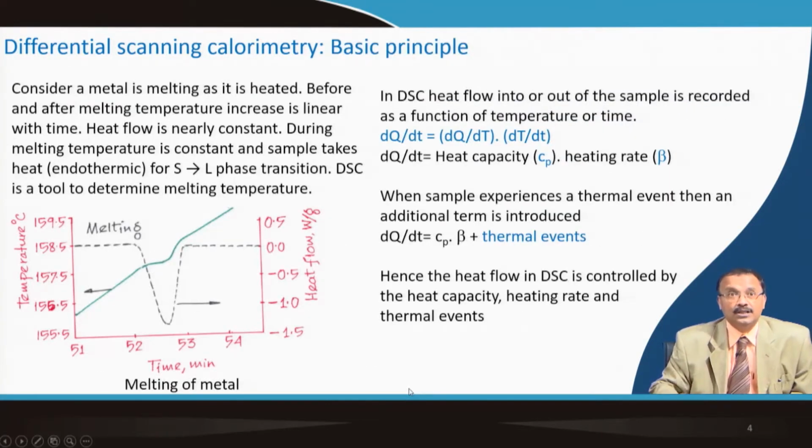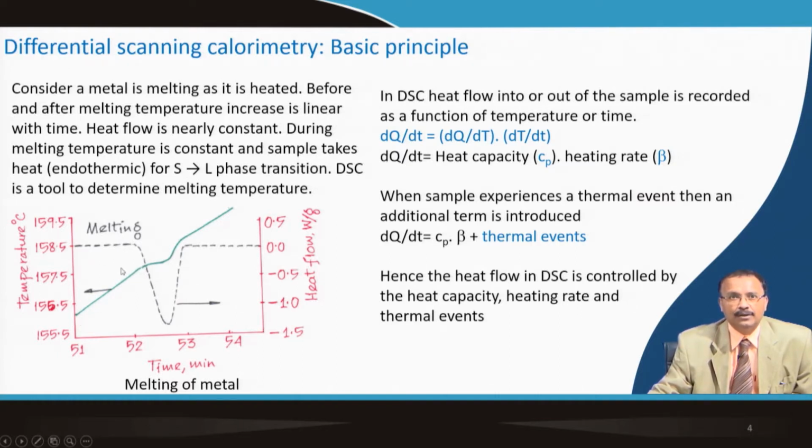So, consider a metal melting as it is heated. Before and after the melting transition, the solid to liquid transition, the temperature increases, and you see it varies linearly with time.